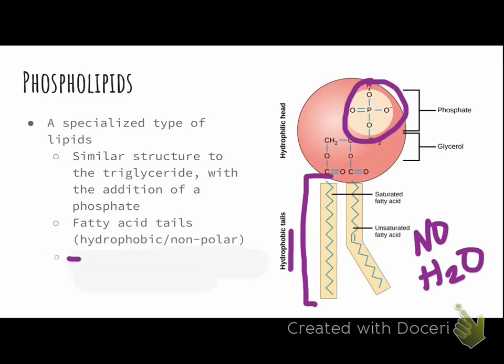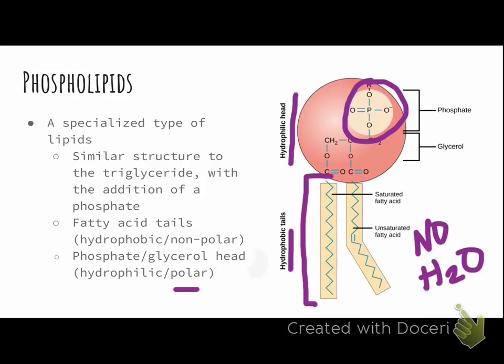Then the phosphate and the glycerol, when we combine them together, we say that that's the head. So that's right here. And it is hydrophilic, meaning it loves water, and the head is polar. So it wants to be close to water. So we like water up here, and we do not like water down here.